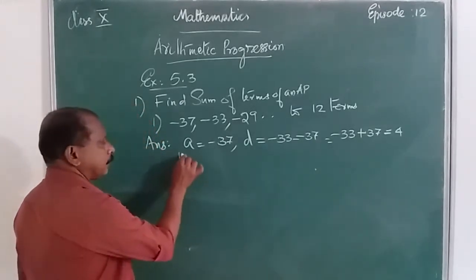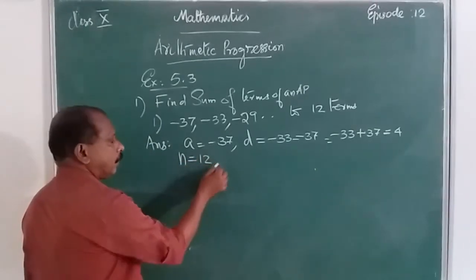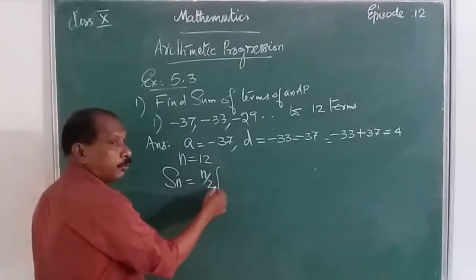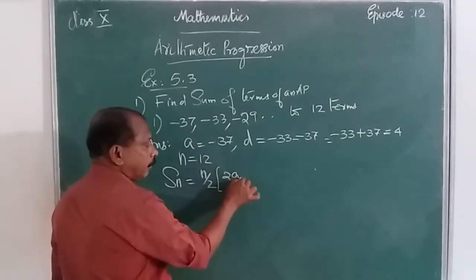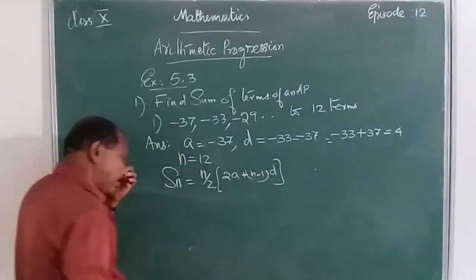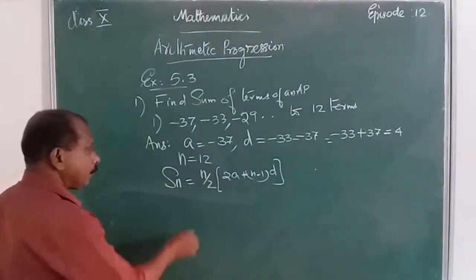The number of terms is 12. What is Sn? Sn = n/2 [2a + (n - 1)d]. That is the sum of terms of that arithmetic progression.